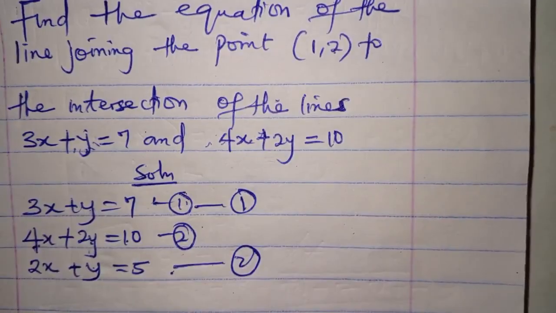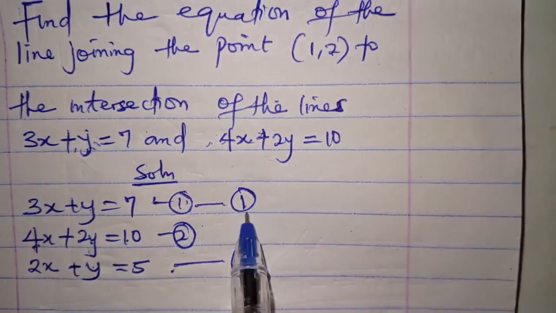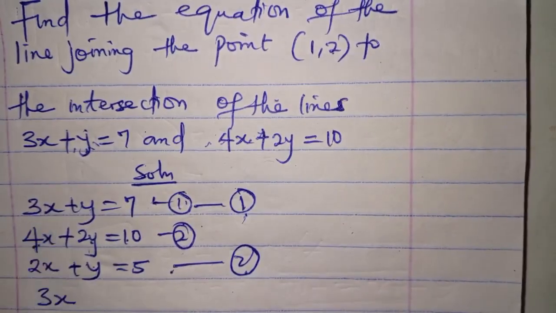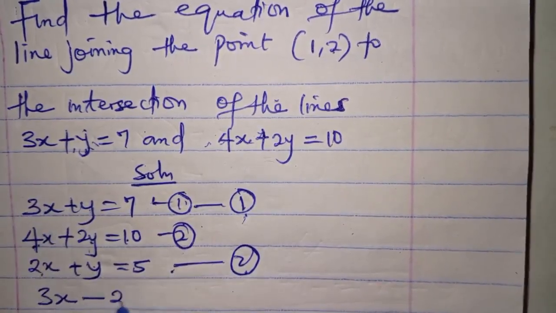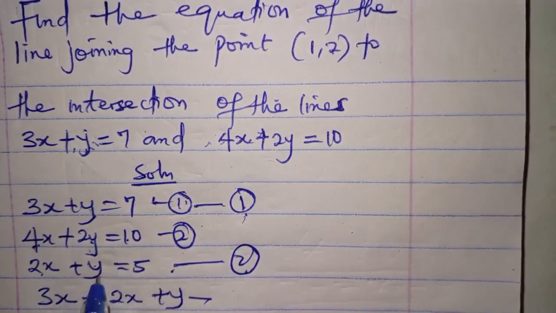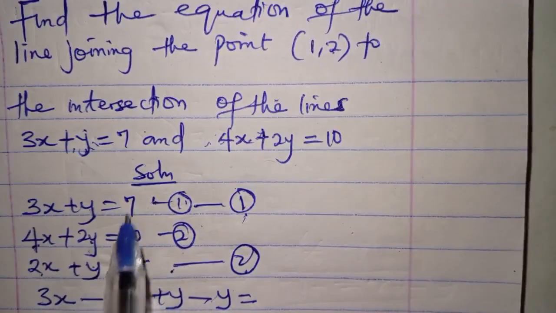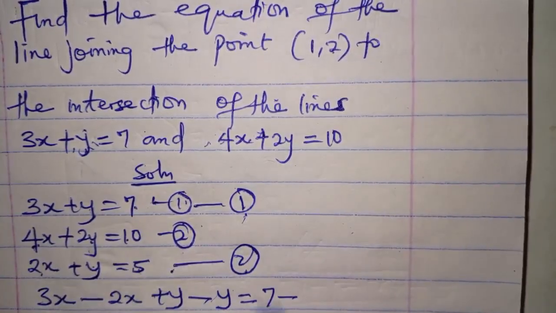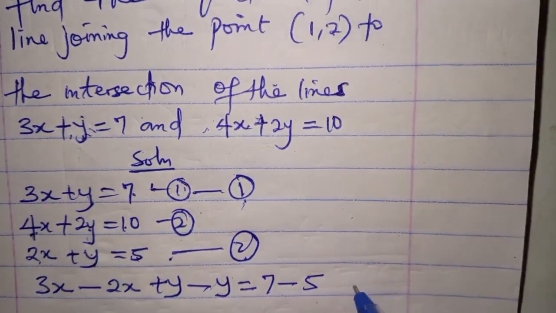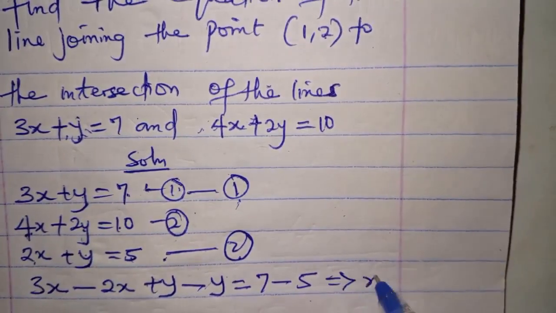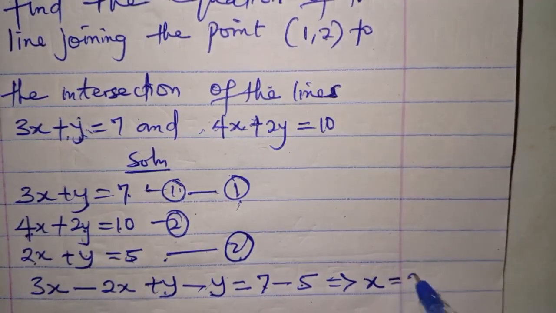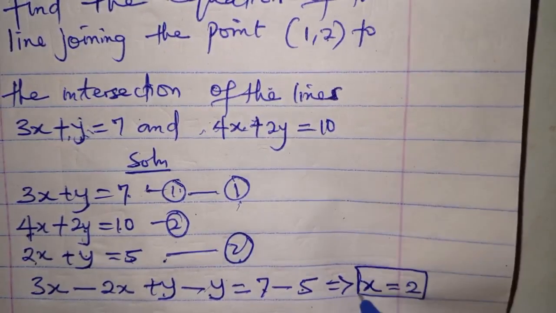So subtracting equation 2 from 1, we'll be having 3x minus 2x plus y minus y equal to 7 minus 5. 3x minus 2x is x, right? y minus y is 0. 7 minus 5 is 2. So x is equal to 2.